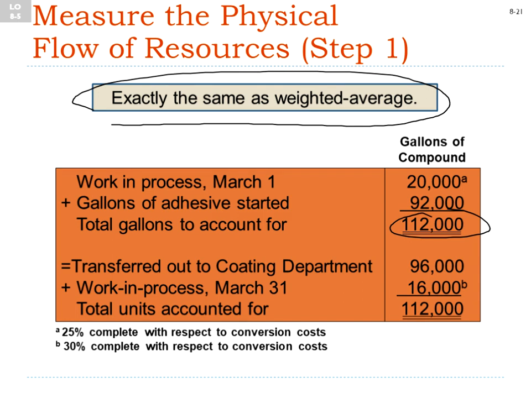At the end of the period, we see that we transferred out 96,000, so that means 112 minus 96, that means that we have 16,000 left in work in process. So to check your work, you do 96 plus 16, and you get your 112,000. So again, it's exactly the same as weighted average for step 1.